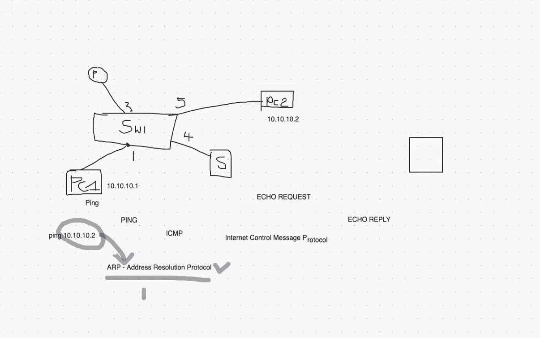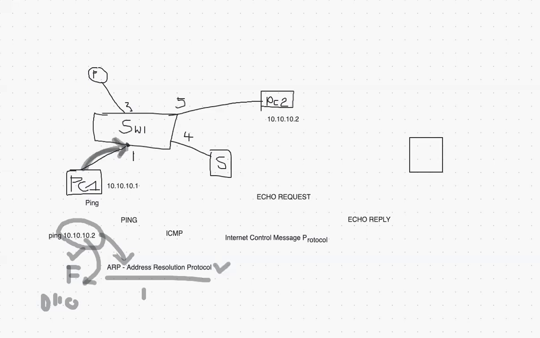So let me send that packet out of my PC. That is called a frame. What is a frame? 0, 1, 1, 0. Those are called frames, right? Because everything is zeros and ones. It's no longer 10.10.10.2; it will be converted to bits and sent out, right? So that frame will be sent to switch 1.